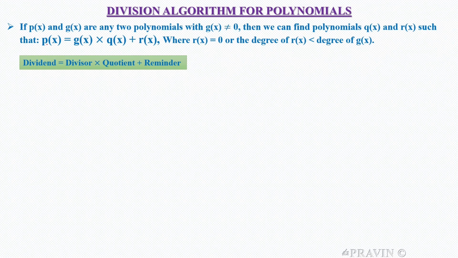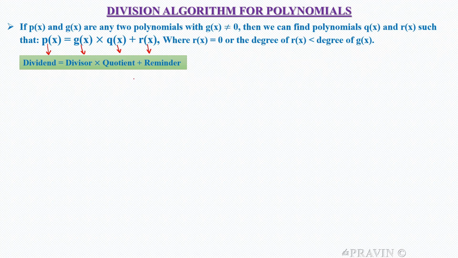That means you can relate it: dividend is p(x), divisor is g(x), quotient is q(x) and remainder is r(x). Now I think you are very comfortable with this division algorithm for polynomials.